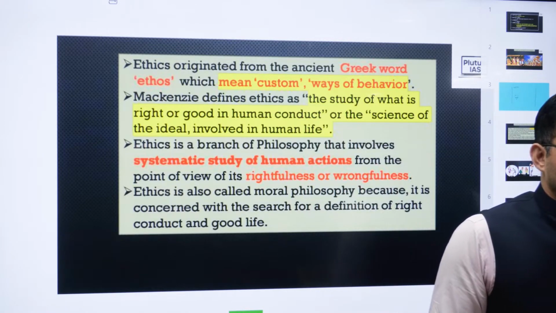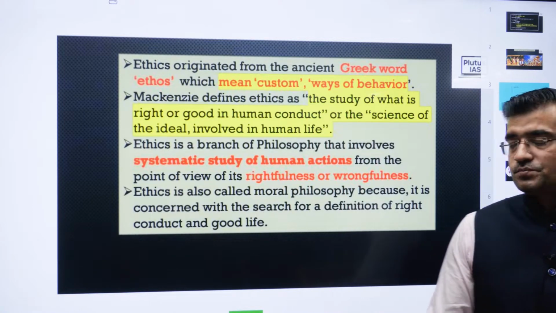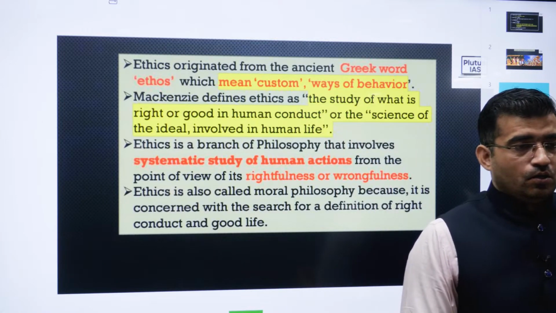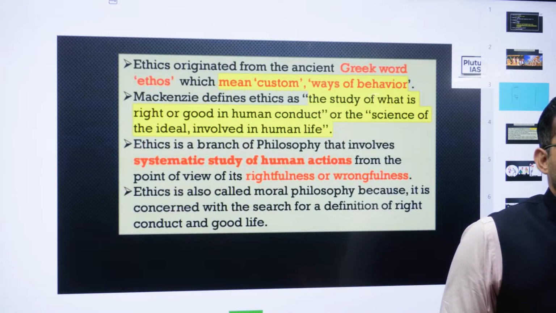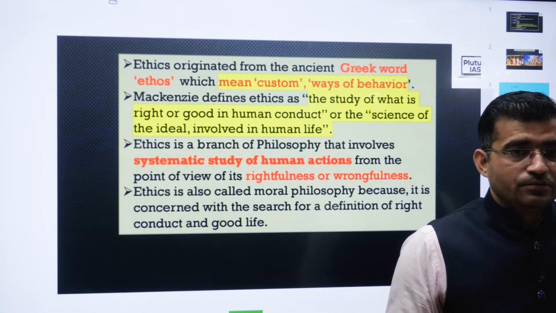The term is derived from the Greek word ethos, which means custom and way of behavior.